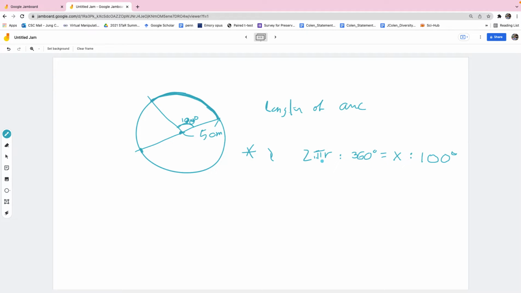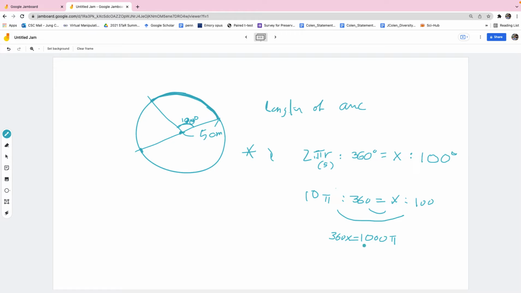In this case, our r is 5, right? So we have 2 times 5 pi, 10 pi. 10 pi to 360 is equal to x to 100. Now you can do inner and outer. 360x, multiply them, is equal to 10 pi times 100, so 1000 pi.